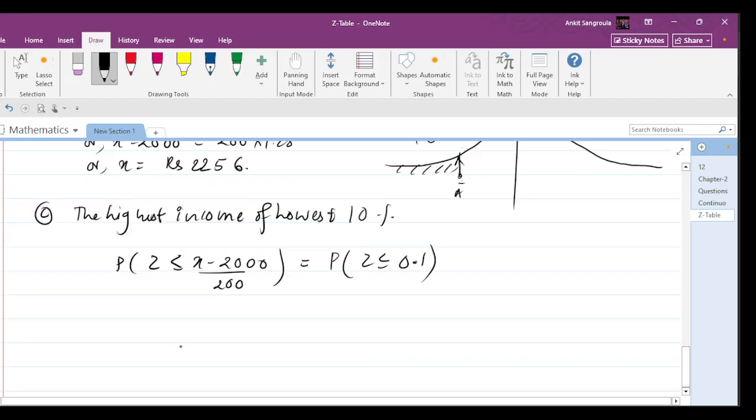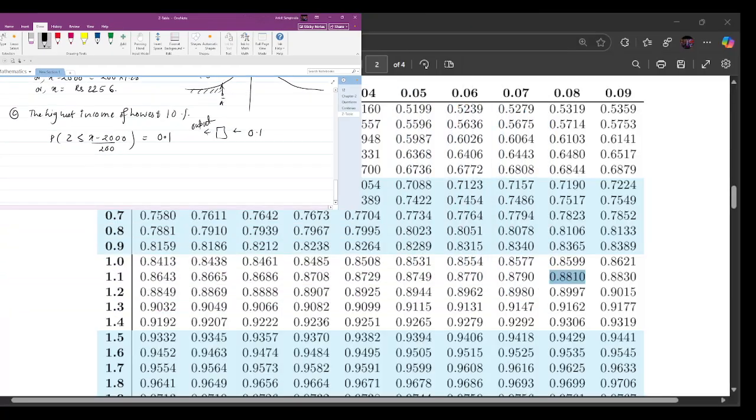Now if you solve this question, 0.1 will be equal to 0.1. Now if you plug this probability value into the Z table, then you get the output. So we put in this value of 0.1.